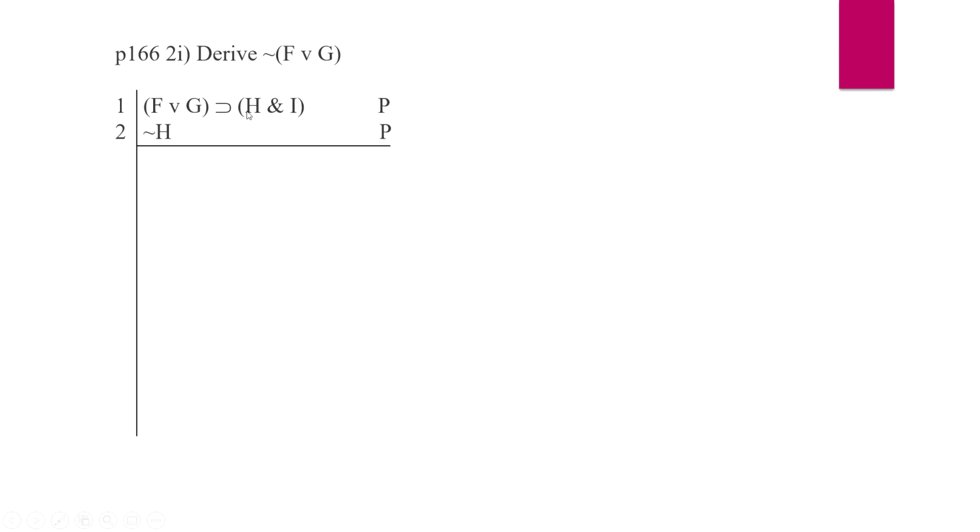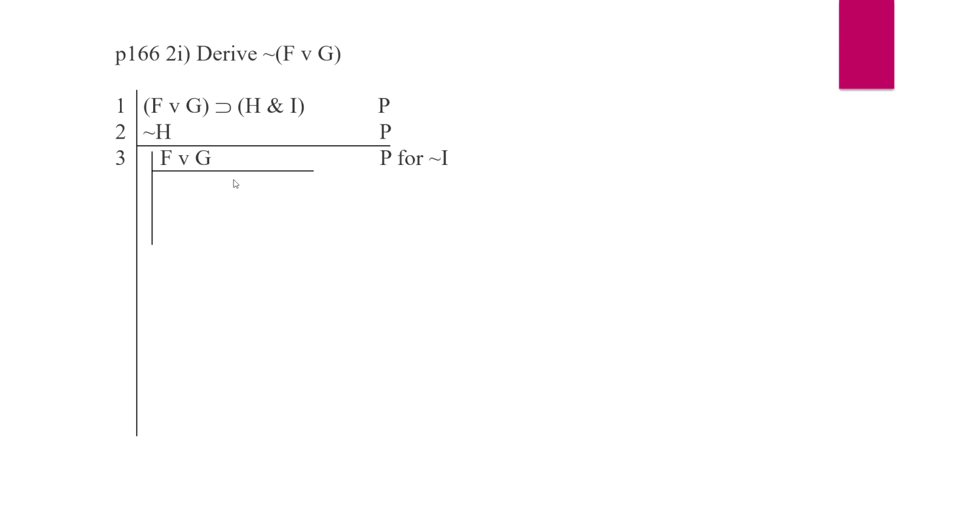All right, and this last problem, we're trying to derive it is not the case that F or G. Here we don't have a clear way of just getting F or G, so I'm going to do the same thing again. Yes, this lesson is making sure you know how to use those negation rules, because we're trying to get the negation of that whole disjunction, right? That negation is outside of those parentheses. We can assume F or G as a premise for negation introduction.